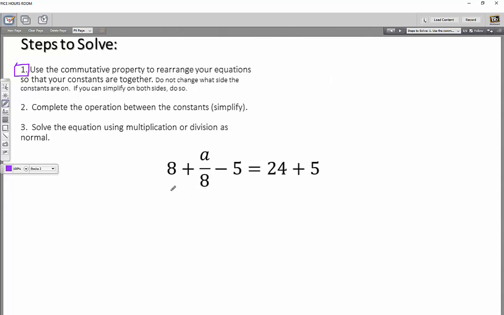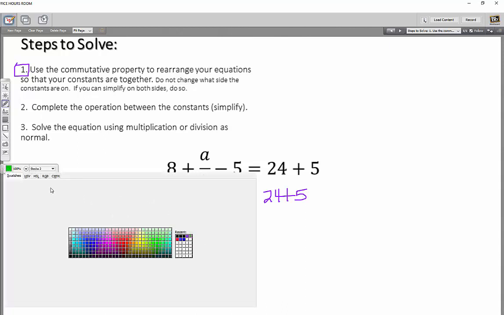A divided by 8 is the only variable term, so I'm going to bring that out front. This is a positive 8, so positive translates to plus 8 minus 5. So we have rearranged our equation to make sure that our constants are all together.